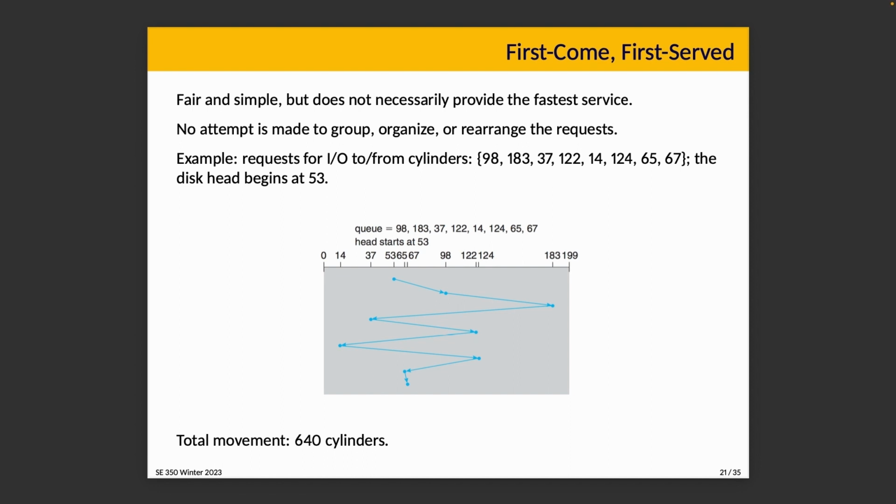That's what happens here. It is first come, first served, but we don't follow that rule at all. We make no effort to go in an efficient manner. We just take whatever request we have.